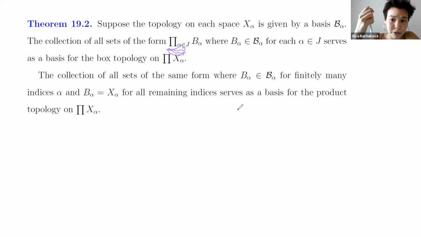It has to be only finitely many alpha for which B alpha is not trivial because any element is contained in X alpha, so it's even easier. So I guess the first part is fine.